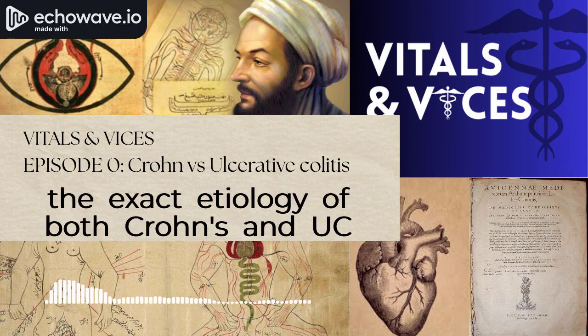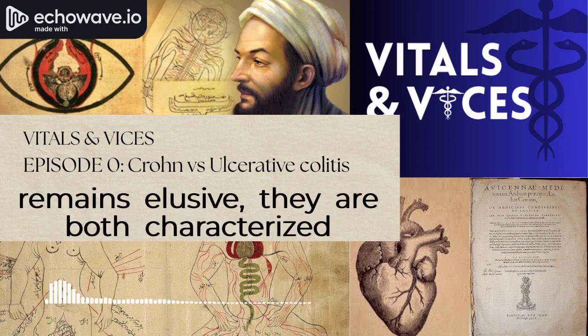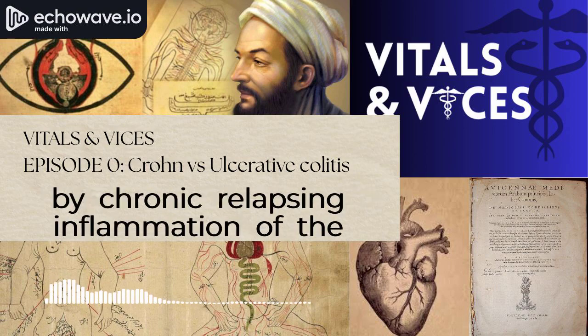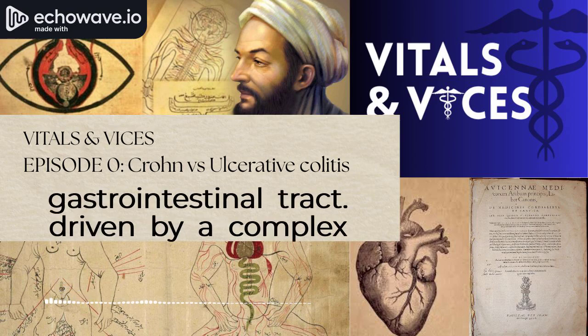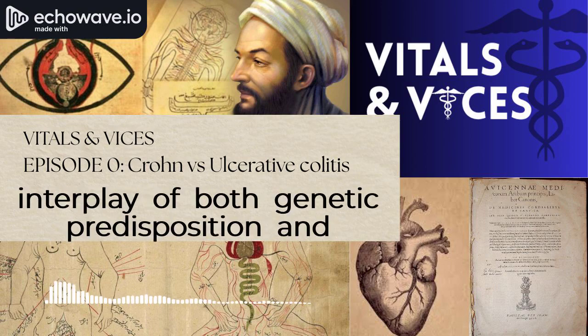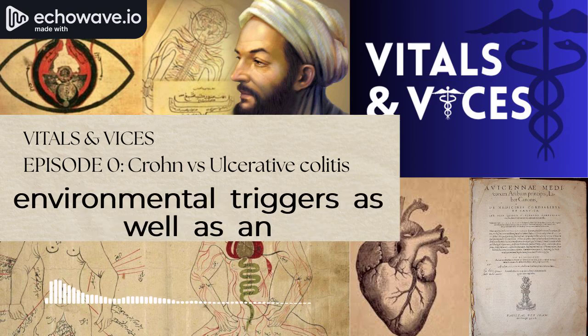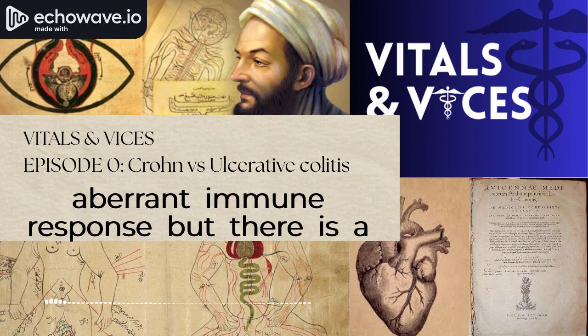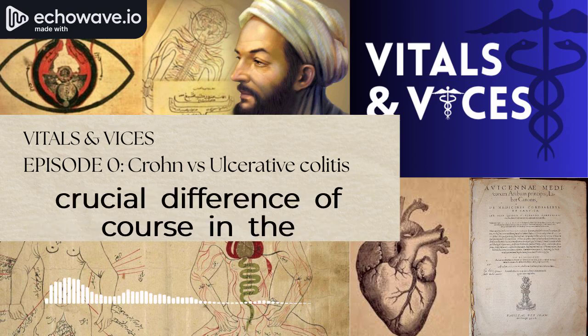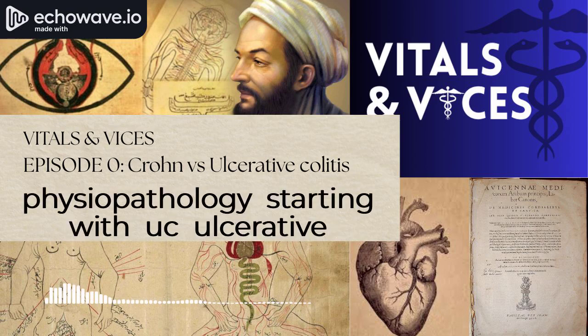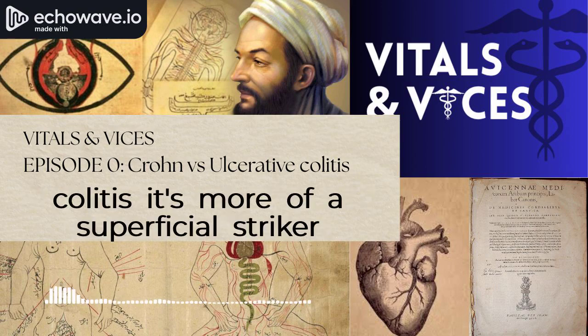While the exact etiology of both Crohn's and UC remains elusive, they are both characterized by chronic, relapsing inflammation of the gastrointestinal tract, driven by a complex interplay of both genetic predisposition and environmental triggers, as well as an aberrant immune response. But there is a crucial difference, of course, in the physiopathology. Starting with UC, ulcerative colitis, it's more of a superficial striker.